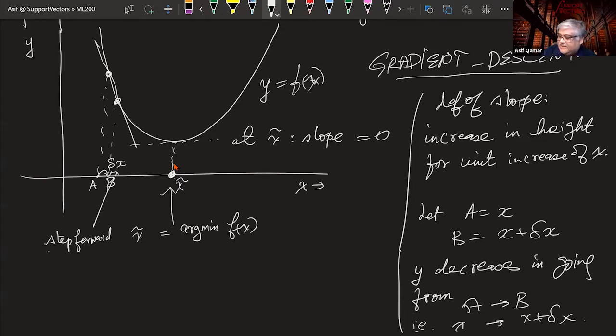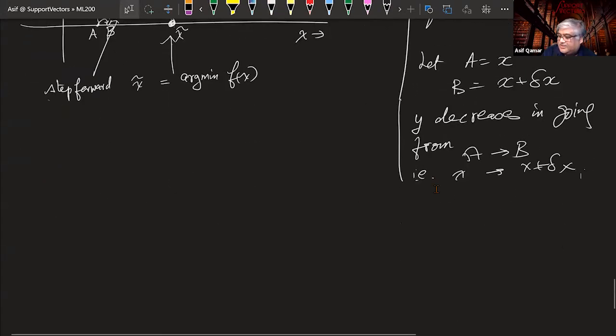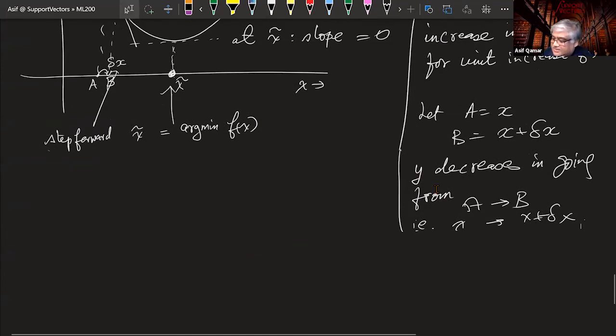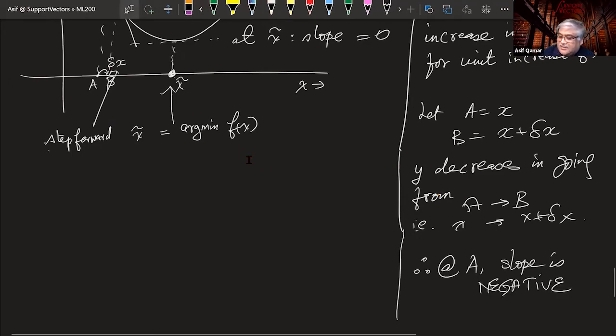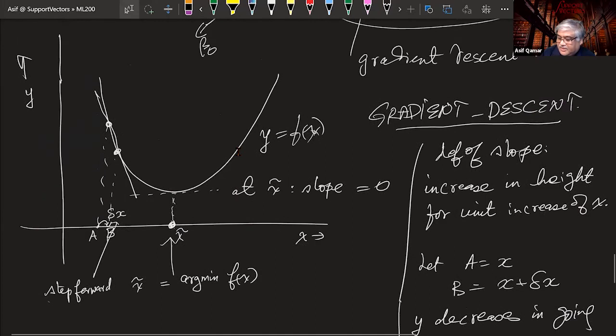And so the conclusion is that at A, slope is negative. Now let's look at this other point. Let me call this point x prime.